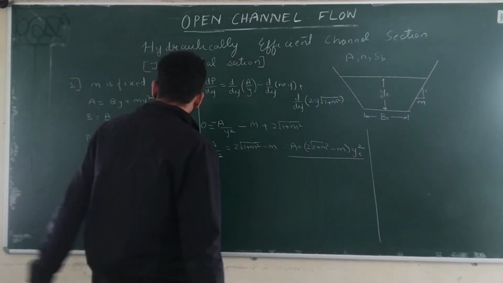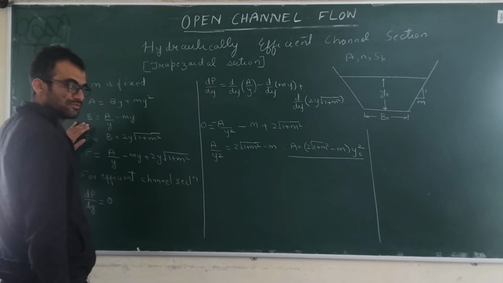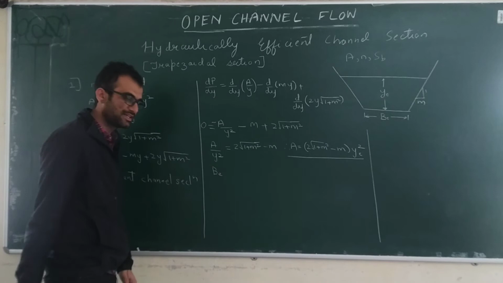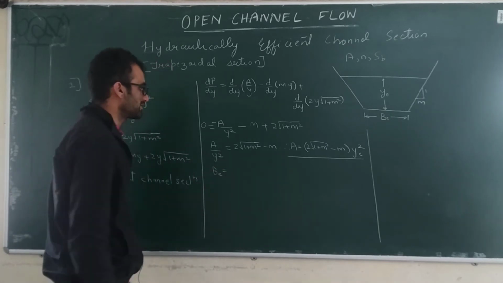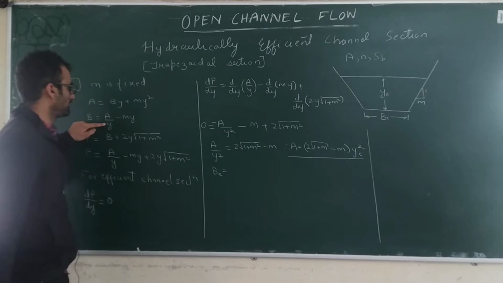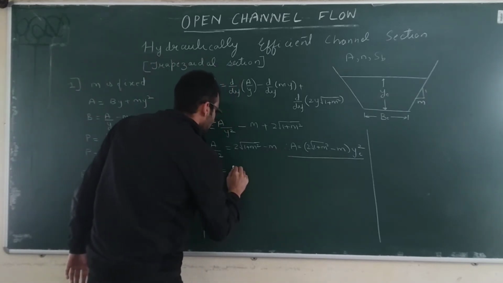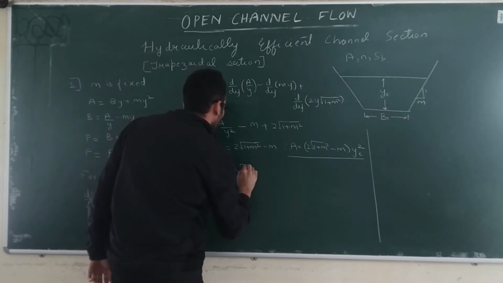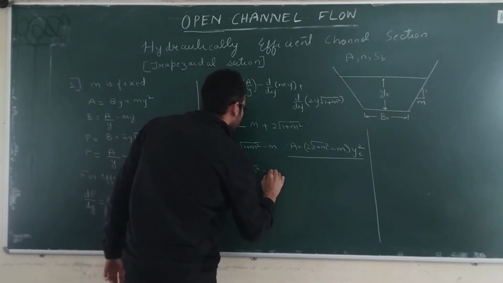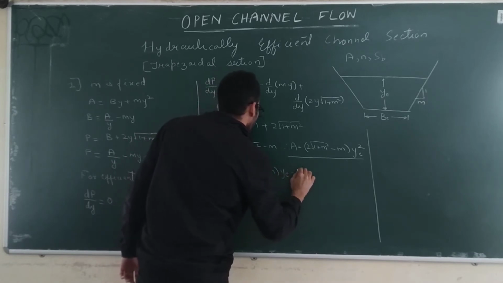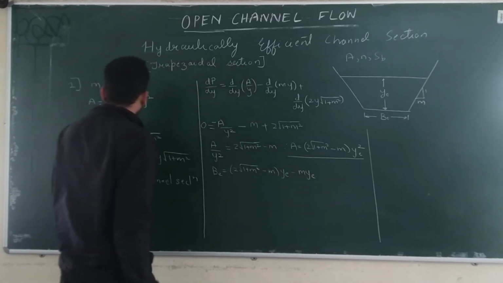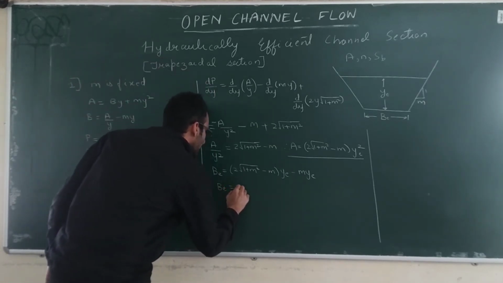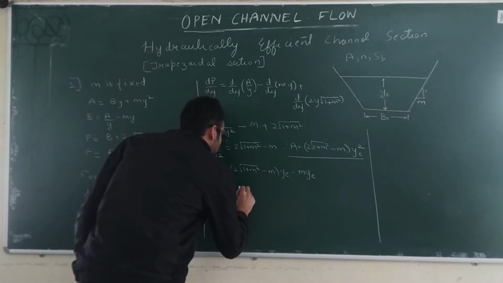Now area is this much, so what will be b? We will also need to find out b. Therefore be, now I will use the subscript e because this corresponds to efficient section. So a by y minus my, so just that will be a by y. So it will be twice under root 1 plus m square minus m into ye minus m ye. Just simplify this.